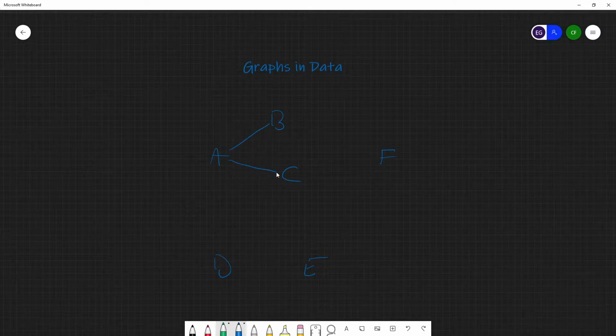I'll start with an undirected graph and how to store that, and then move over to a directed graph. So we're trying to store this graph. There are 3 ways to do this. I will first show the first 2 and then go into the third one at the end.